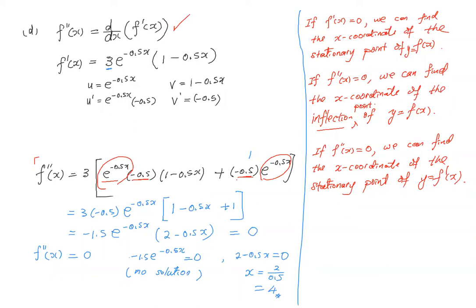So if now I draw the sign diagram of f double prime x, this is the 4 here. If x is greater than 4, here will be negative, and in front here is positive, so this will be the local minimum for f prime x.